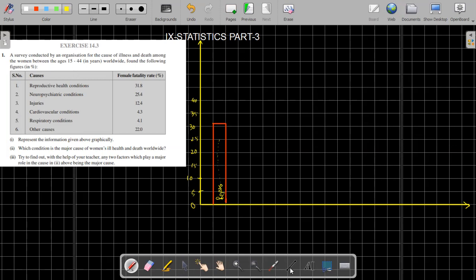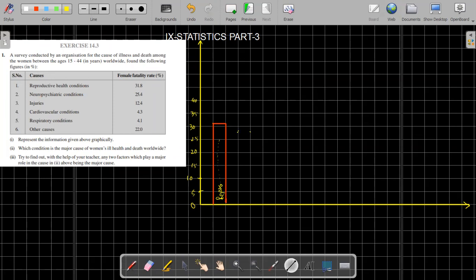So next, height of the next one, neuropsychiatric conditions, 25.4. So 25 is here. After 25, you have to go up to 4 points. Nearly between till here. Okay. So 25.4 will be somewhere here.